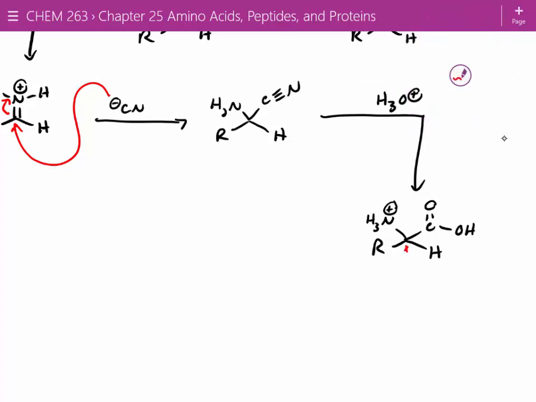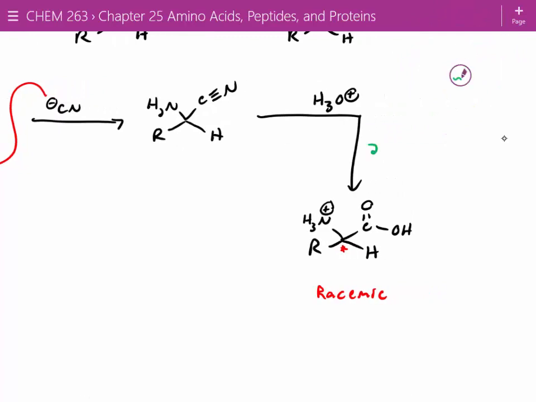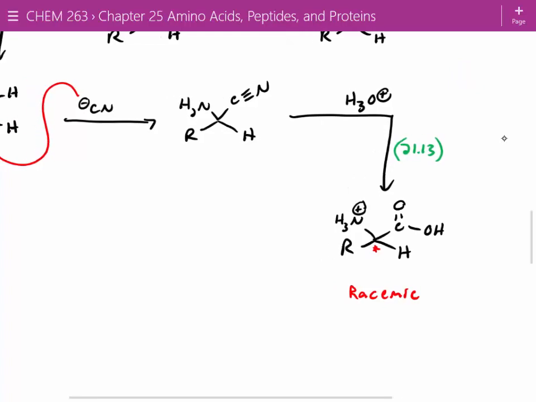It's still important to remember that with the Strecker synthesis it's still racemic. If you do want to review this mechanism, I would recommend looking at section 21.13 if you're unfamiliar with acid hydrolysis of nitrile groups.